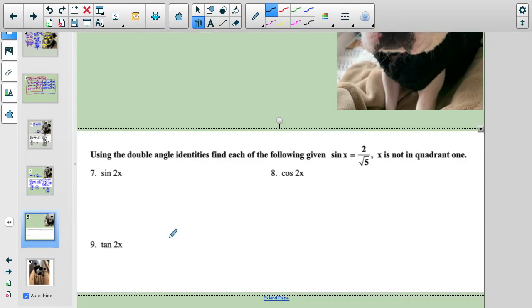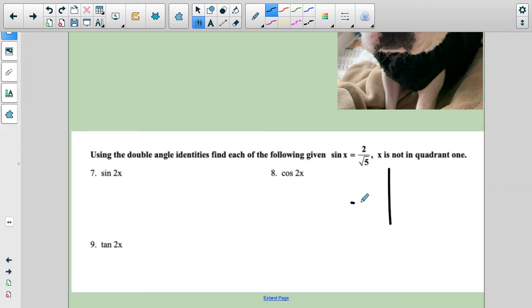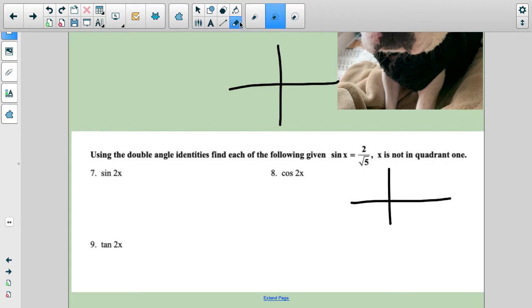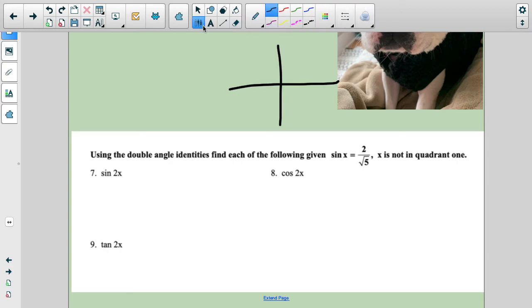Another example. This is sine of x is 2 over square root of 5. All right, sine can be in quadrant 1 if it's positive, or in quadrant 2. It says it's not in quadrant 1, so I know I'm over here in quadrant 2.